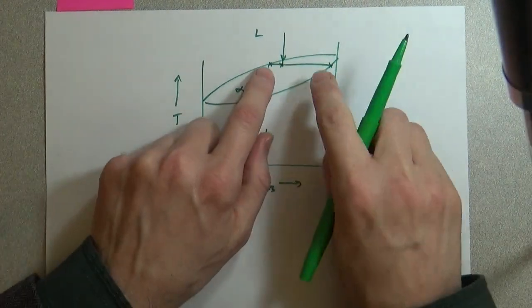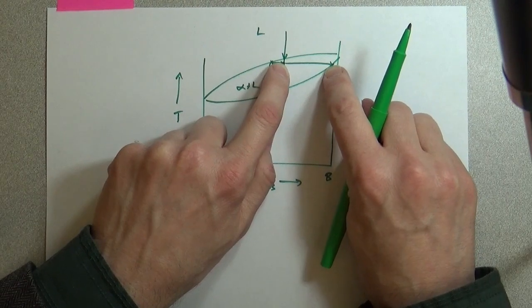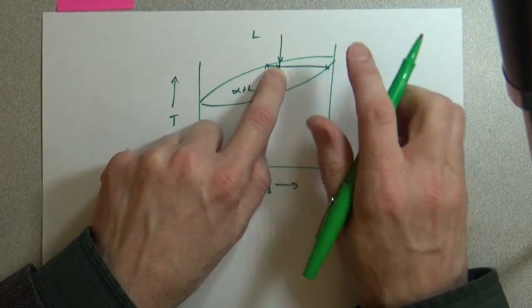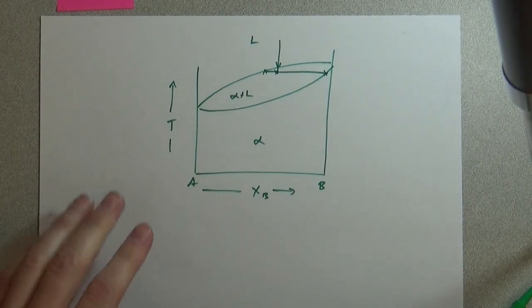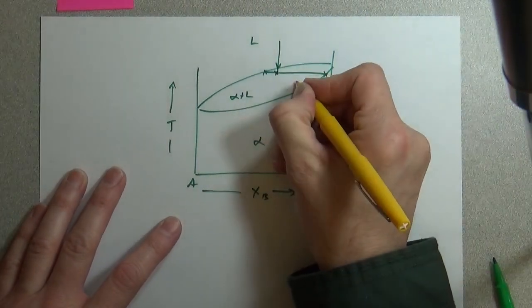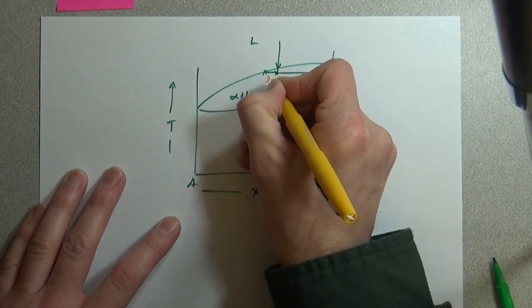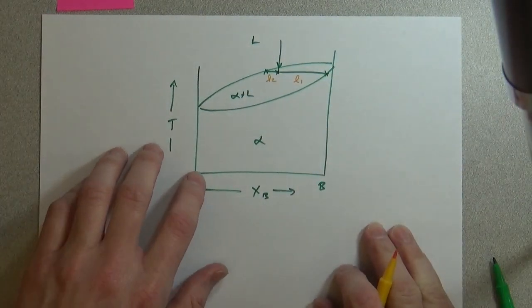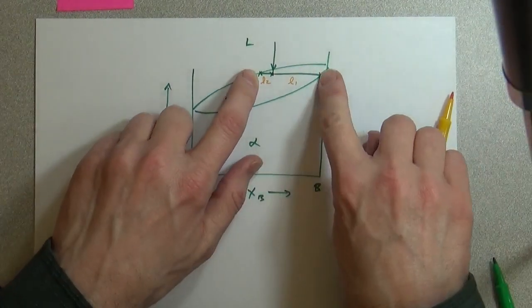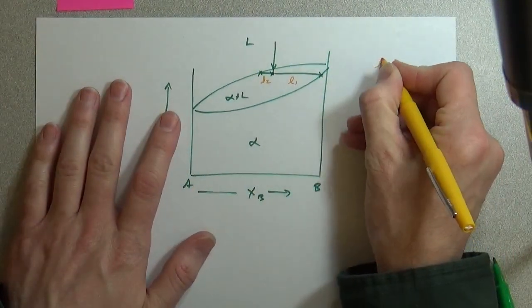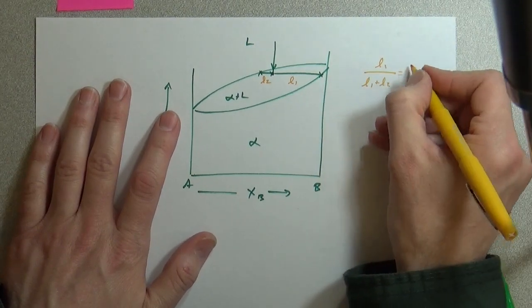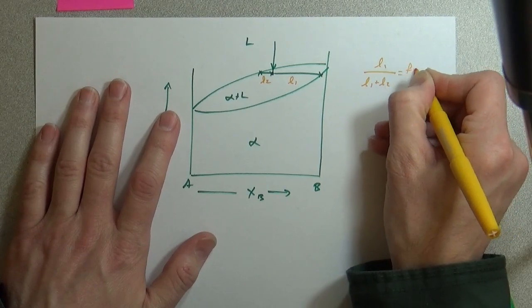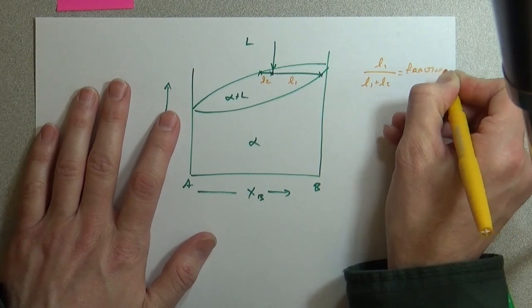So that means that this part is longer, right? This is the fraction. So that's going to be, get a better pen here, something's a little sharper, L1, L2. So now, if I want to know the amount of liquid, that's going to be L1 over L1 plus L2 equals fraction liquid.